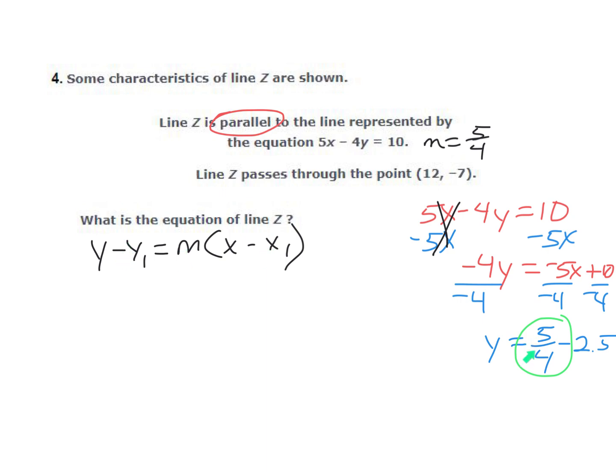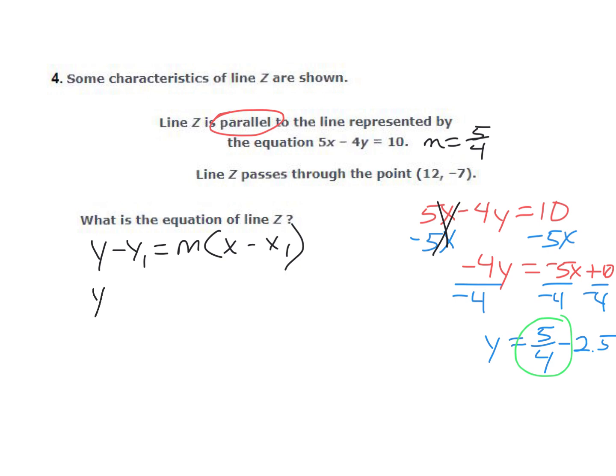We know the slope, we got it right here. We know x1, it's this value, 12. And we know y1 is -7. Now this minus is part of this form. So for y1, which is -7, we're going to take minus -7, which becomes +7. So really what we're doing is using the opposite of this value, which is +7.